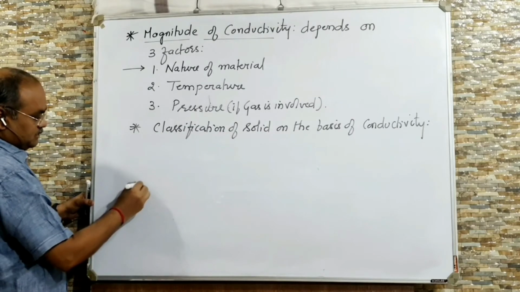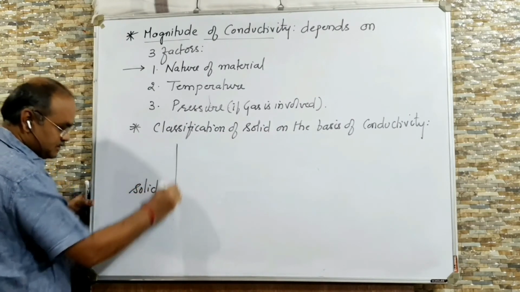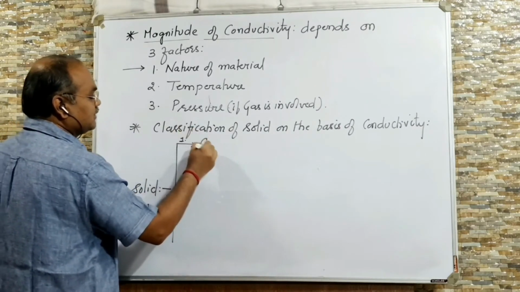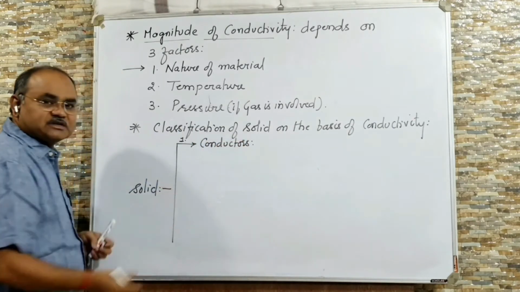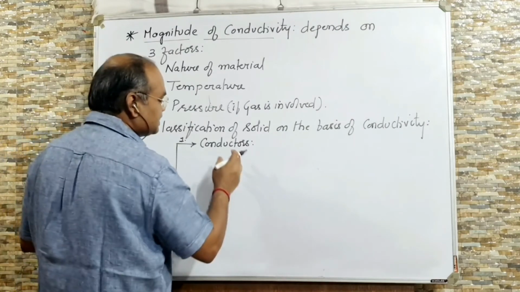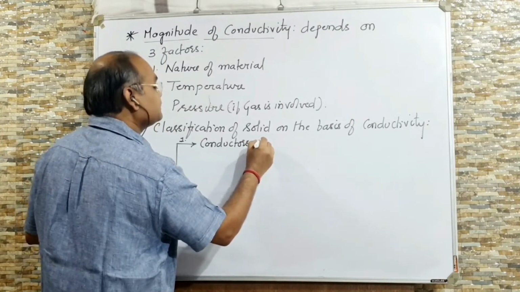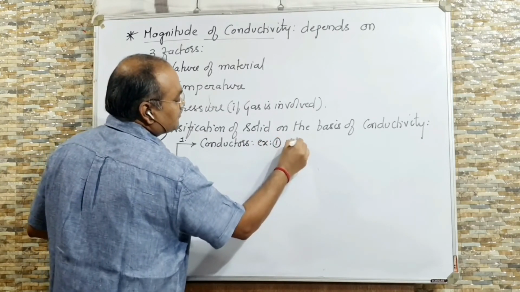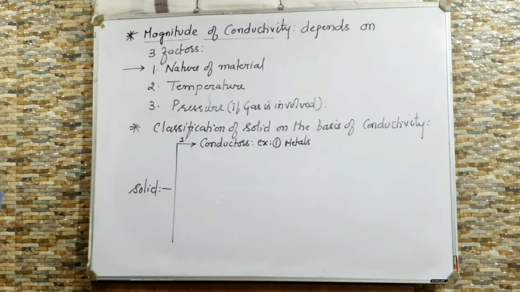Now, I will classify the solid into 4 categories based on conductivity. Number 1, conductors. Conductors means very good conductors having very high conductivity. Examples are metals and their alloys.